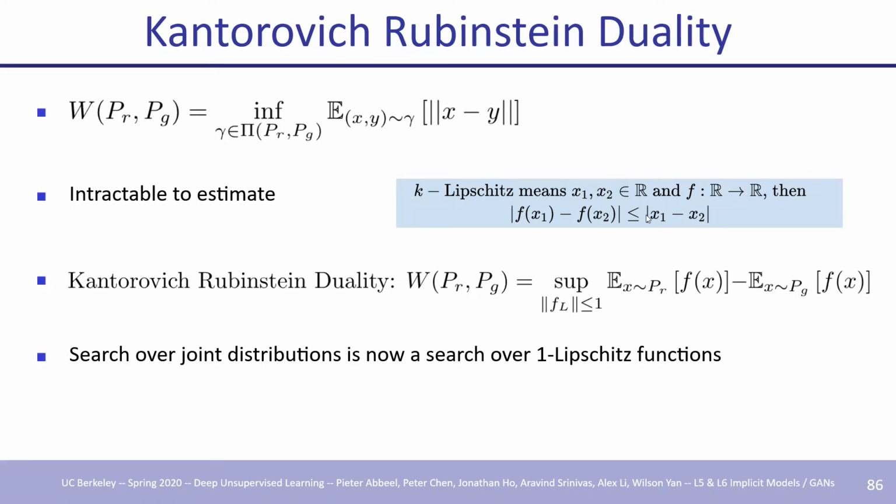Basically it means you take a function f, and it shouldn't blow up the values of x in a different direction. The distance between x1 and x2 and the distance between where f takes x1 and x2 should be smaller. There's also Lipschitz continuity and other things.